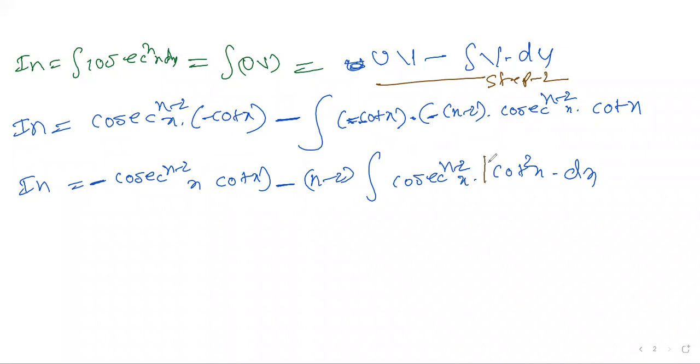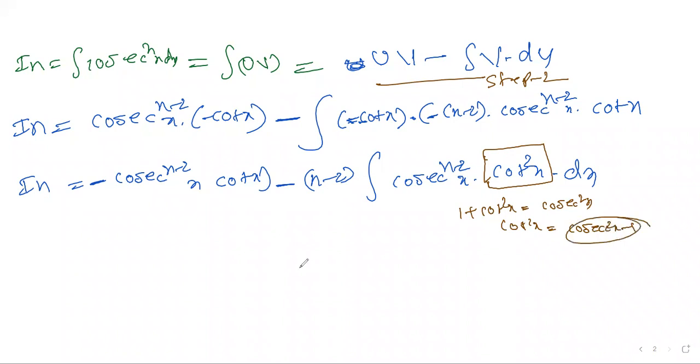Now step number 3: cot square x is equal to cosecant square x minus 1, because as we know, 1 plus cot square x is equal to cosecant square x. From this, cot square x is equal to cosecant square x minus 1. I write this in the next step.